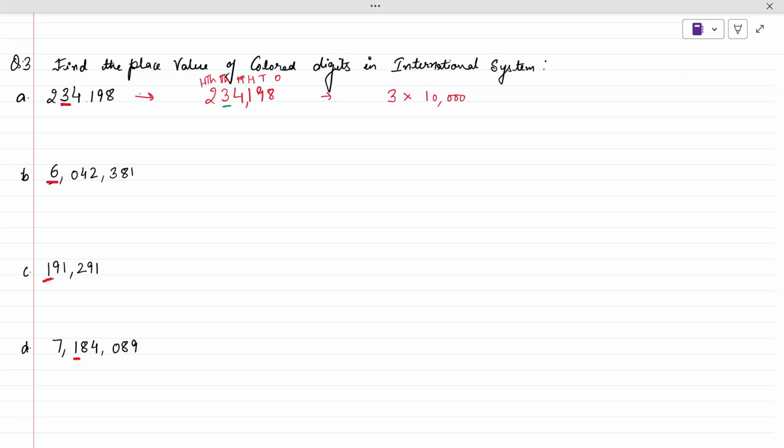This is the place value of 3, so it will come out to 30,000. So the place value of the colored digit 3 in this given number is 30,000.